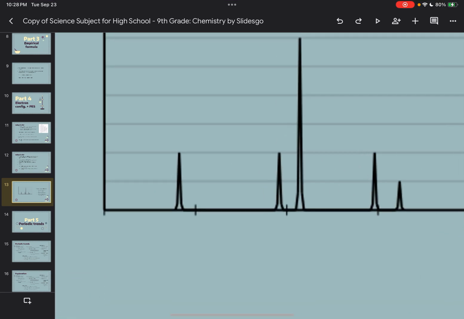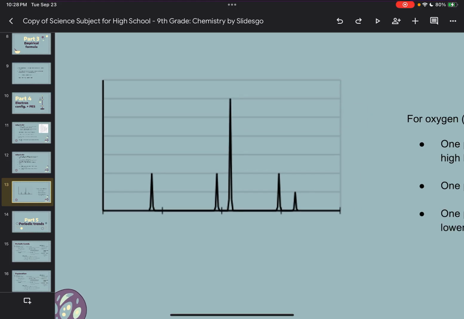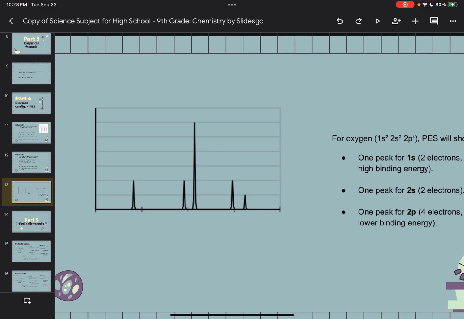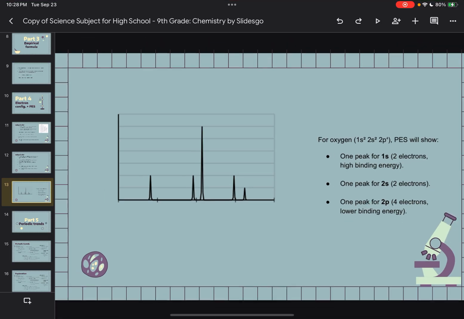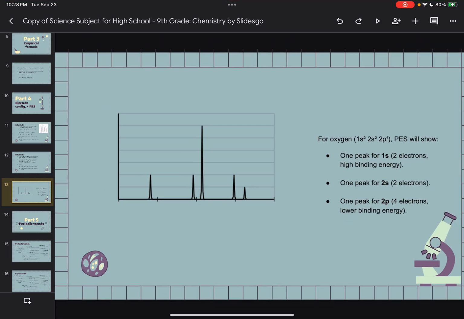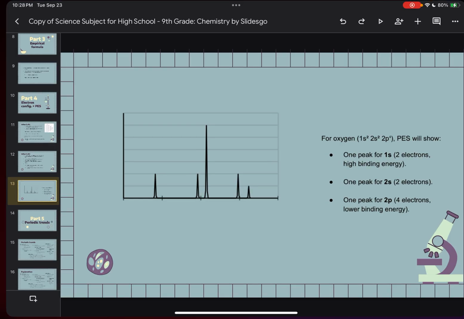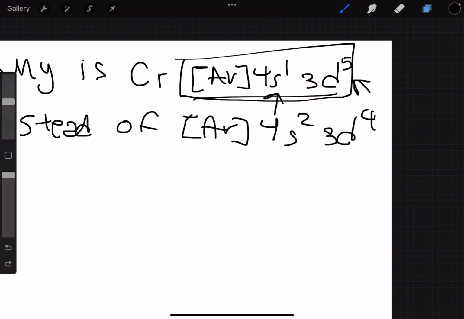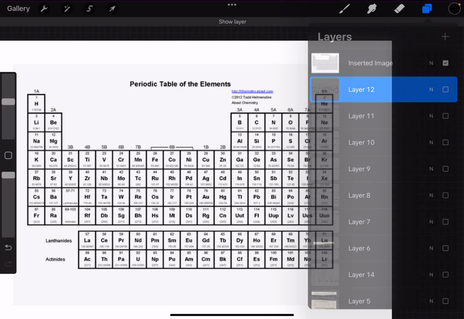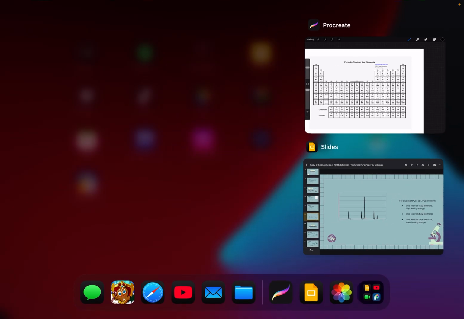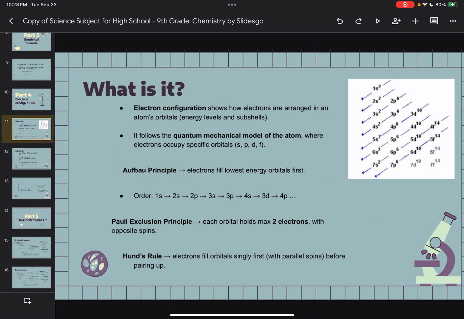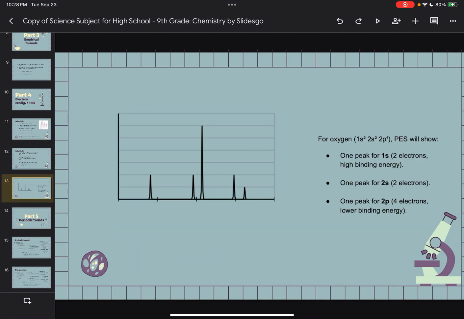If you can see, there's 2 lines there. And then there's another peak for 2s, an even larger peak for 2p, and so on and so forth. This is not the right one, I believe, but yeah. Oh, actually it is, sorry. It's just this one's kind of messed up.